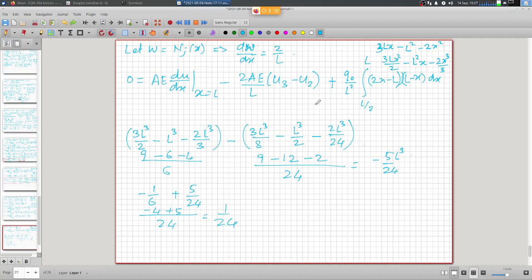Fine. So this is Q naught L by 24. That's all. So this is the second equation.